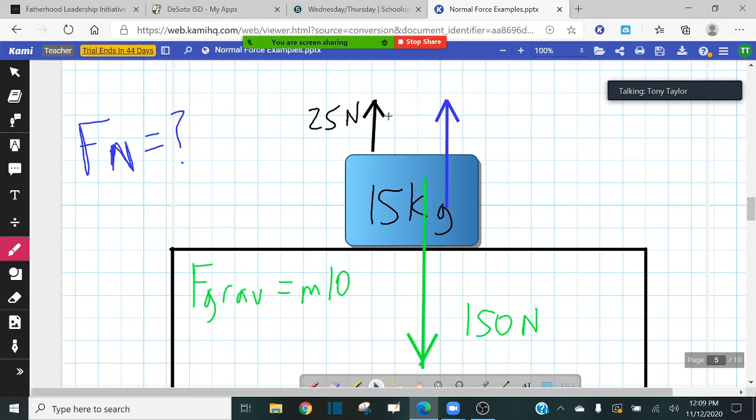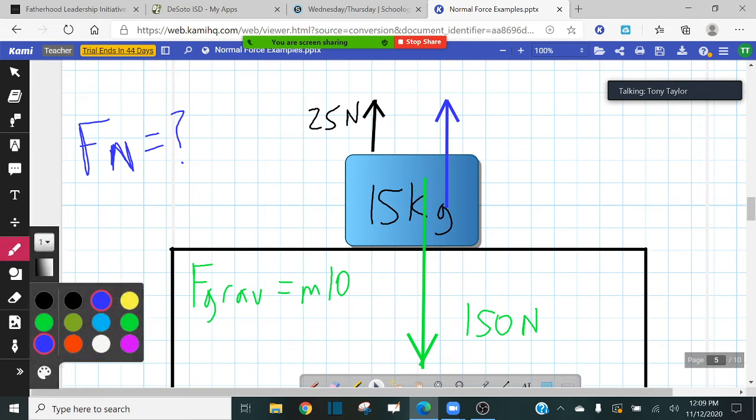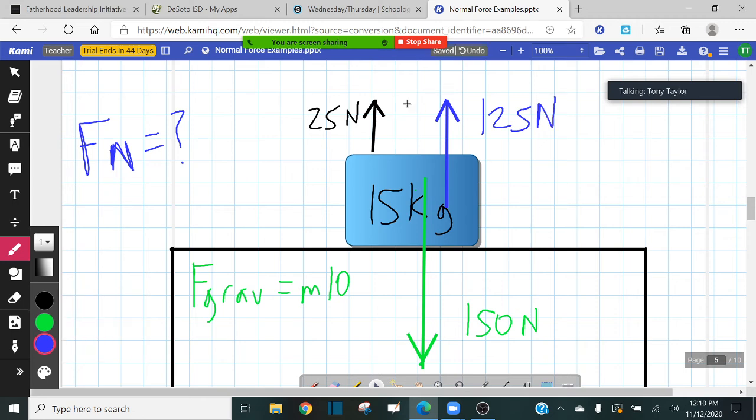Because remember, when you add up both these forces, it has to equal 150. 125. Thank you, Ramaya. It has to be 125, because the situation is balanced. So 125 plus 25, which are my two up forces, combined equals 150. So 125 newtons represents the magnitude of my normal force.